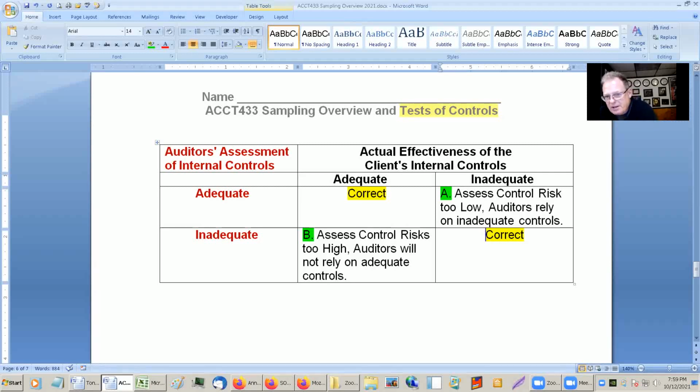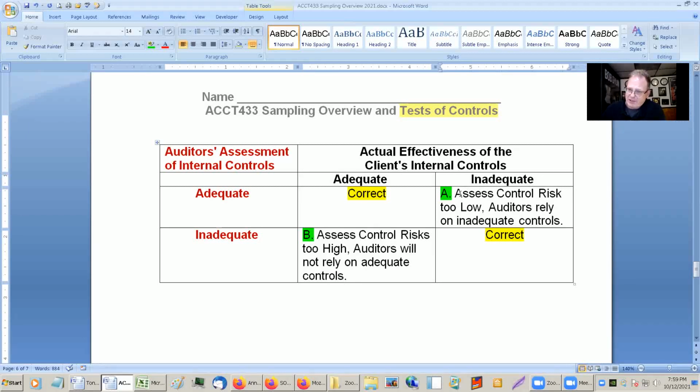So that's one. With B, you're not going to be as efficient. You do some extra work that you really didn't have to do, but again, 5% of the time you're going to be wrong. It goes along with sampling in general that you may have to be a little inefficient at times.